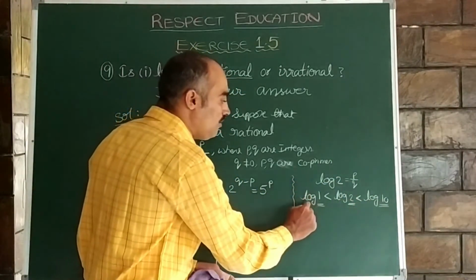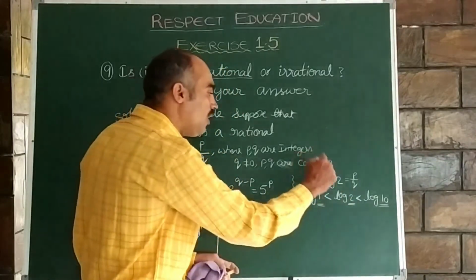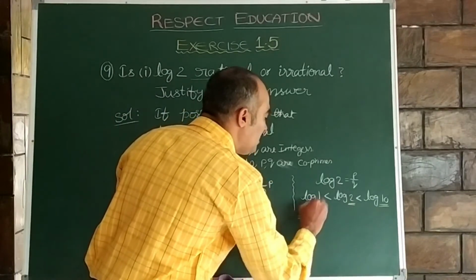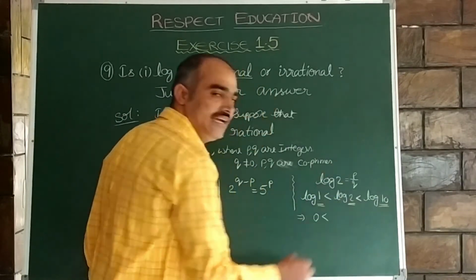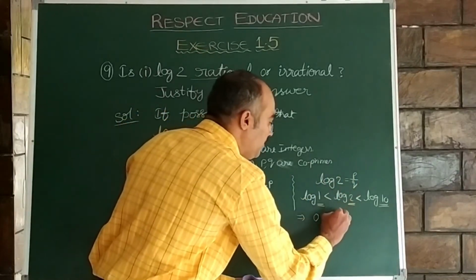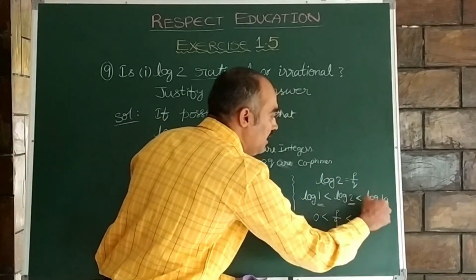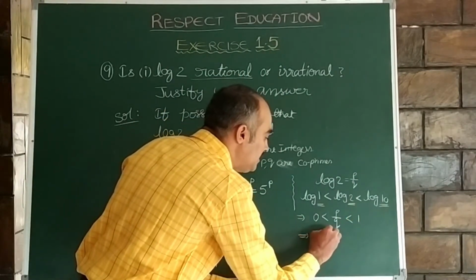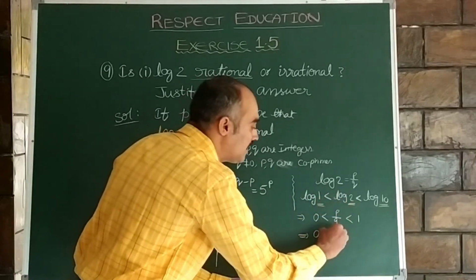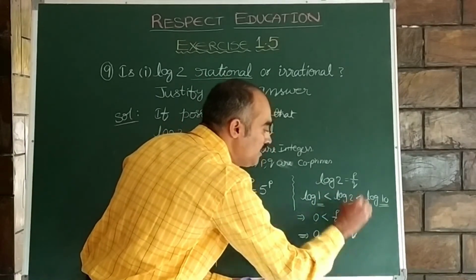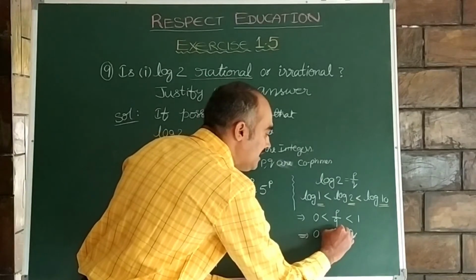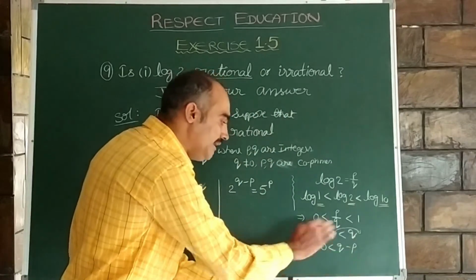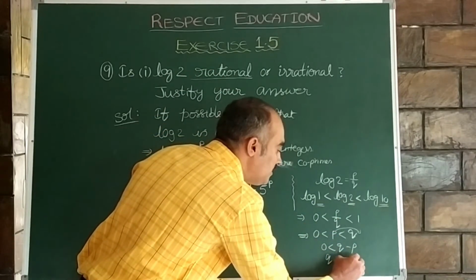That means log 1 is smaller than log 2, and log 2 is smaller than log 10. Log 1 is 0, which is less than log 2, which we are taking as p by q, which is less than log 10, which is 1. Now multiply every term with q: q zeros are 0, less than q into p by q, where q cancels, giving p, less than q ones, which is q. Sending p to that side, 0 is less than q minus p. In reverse, q minus p is positive.